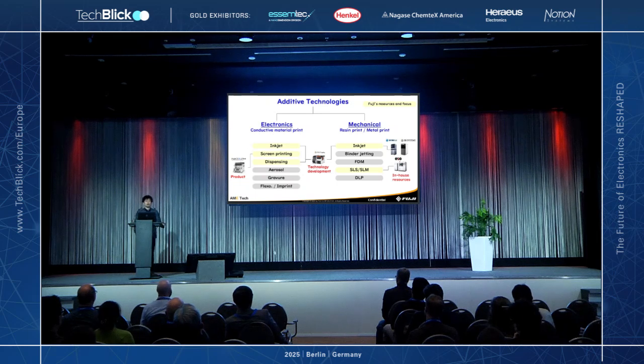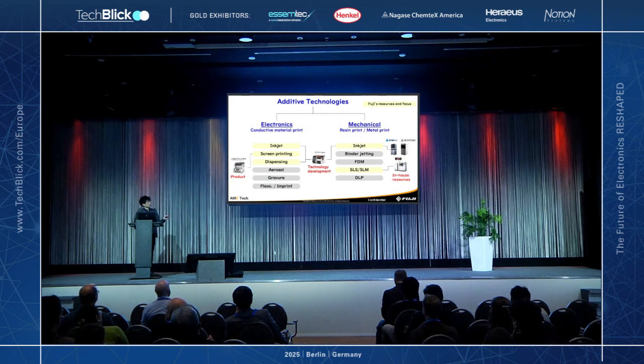So we are doing a lot of activities related to that area. For example, for the electronics field, we already have a solder screen printer machine product. This is one of the important products in our company, as well as the component pick and placement machine.